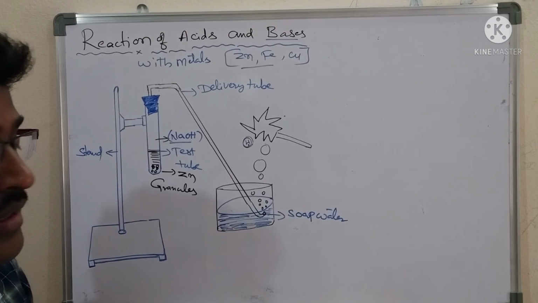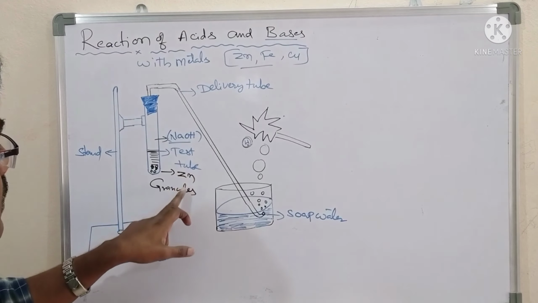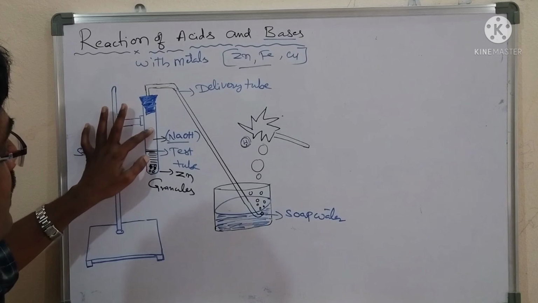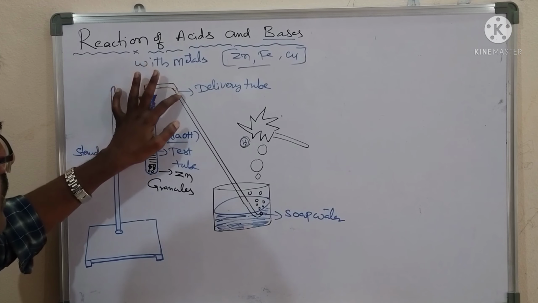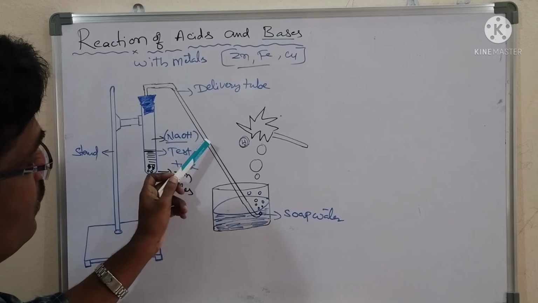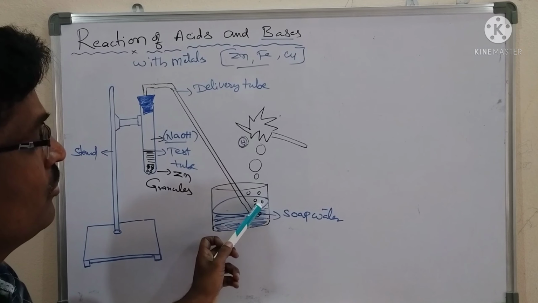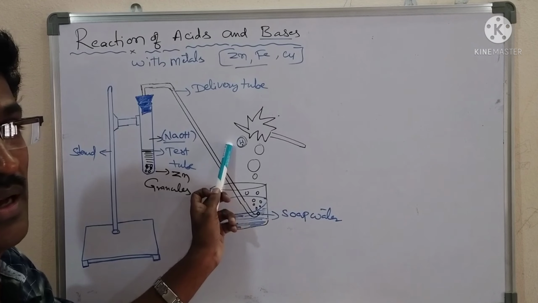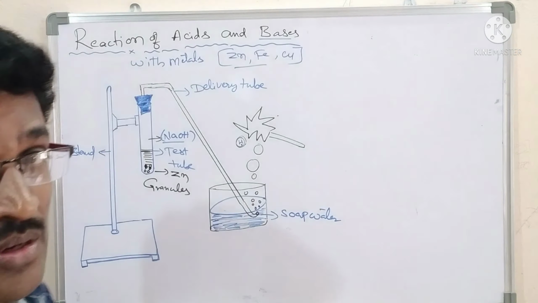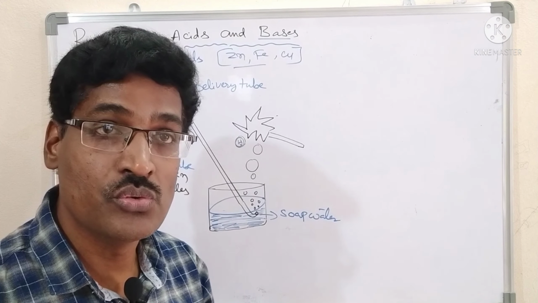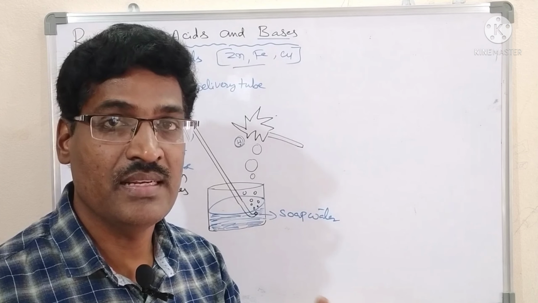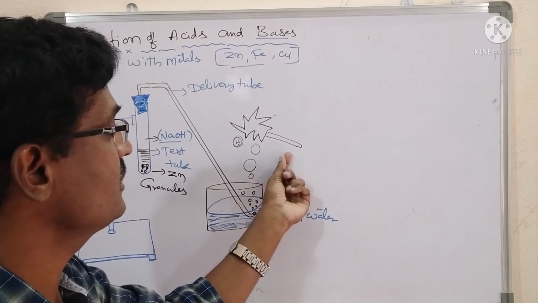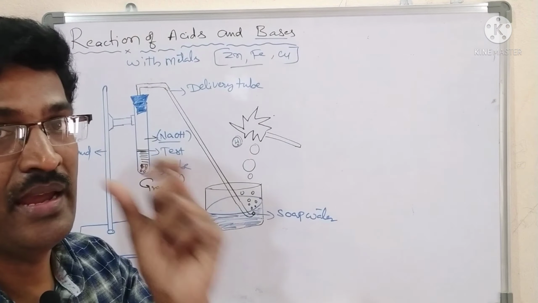What will happen? When zinc reacts with base, it releases a gas which passes through the delivery tube. Here bubbles are formed. These bubbles come out as one of the gases. What is the gas? To know which gas it is, we have to test it with the burning candle.